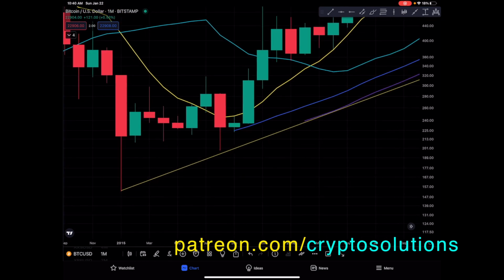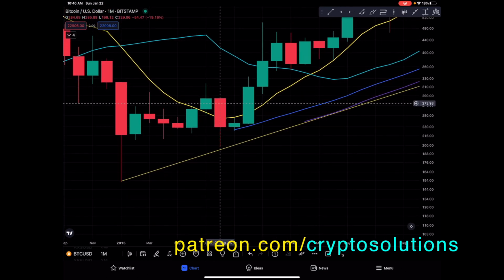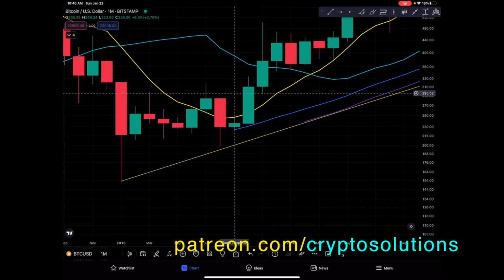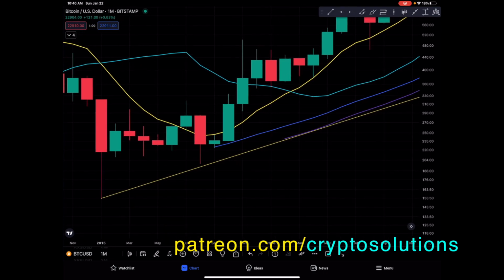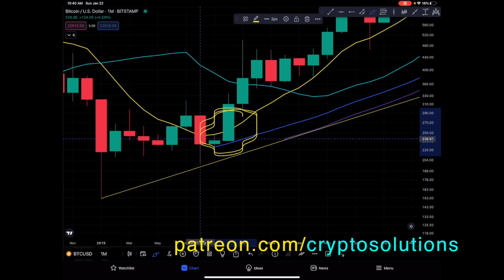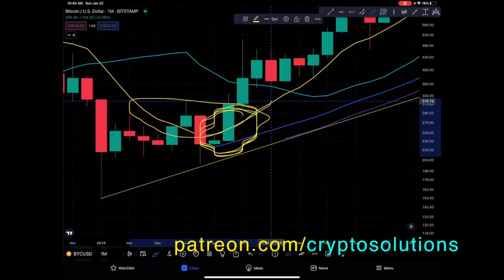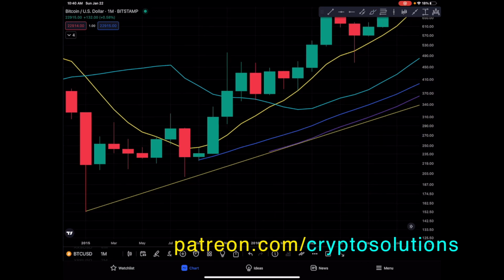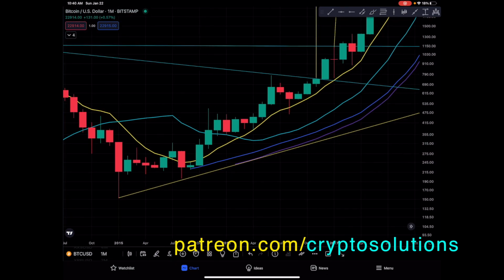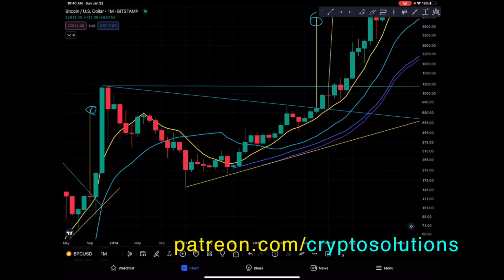You're seeing here that even when the monthly body candle closed above the 8 simple moving average, the yellow line, the next candle was a red one, and then resistance again. And as soon as another monthly body candle closes above this yellow line, the 8 simple moving average in the monthly time frame, then bull market again. So yeah, there are 2 exceptions there.